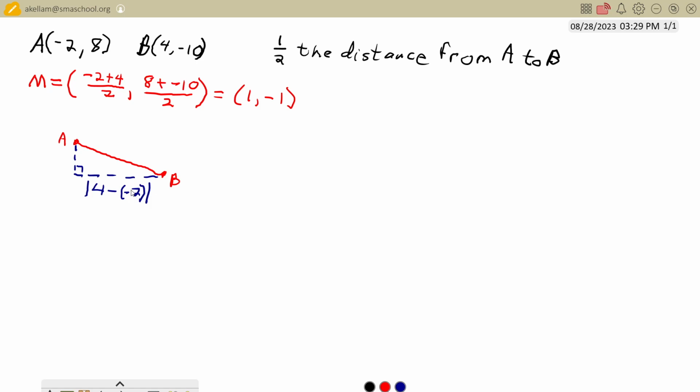And -2 is +2, so we have 4 plus 2, which is 6, and the absolute value is 6. So in class, I have referred to this as my delta x. We do not have to refer to that in that notation technically. All we need to know is that this length here, my horizontal distance, is 6.